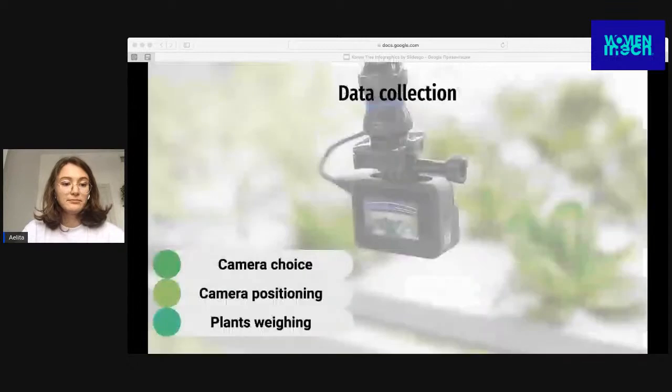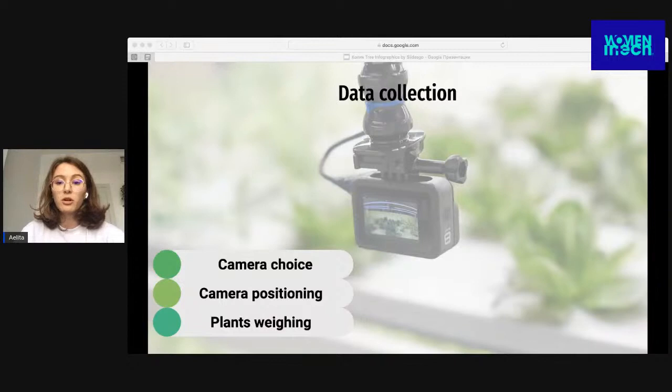So let's talk about data collection. Data collection is one of the most important steps in our data science project, and this one is not an exception. In this work, the data collection started with the question of camera choice and camera positioning.